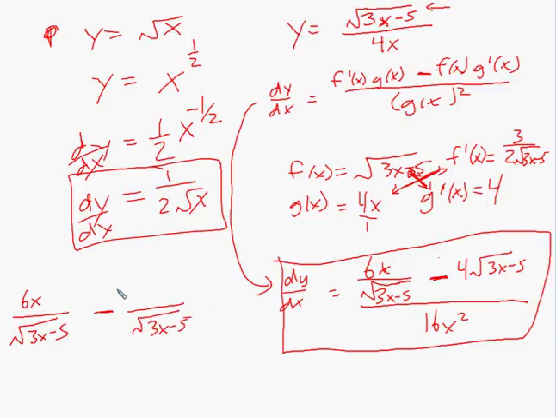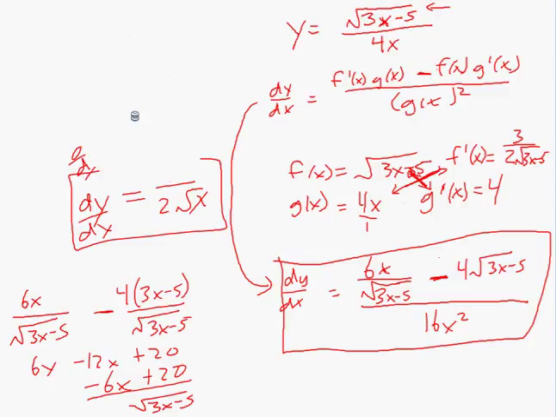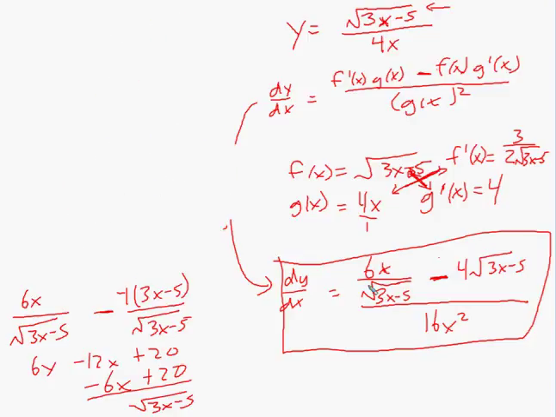I multiply that, so I get 4 times 3x minus 5. And then I could distribute that 4, so I get 6x minus 12x plus 20. So negative 6x plus 20, all over root 3x minus 5. Well, since I started it, I might as well finish it. So that's my numerator combining that.